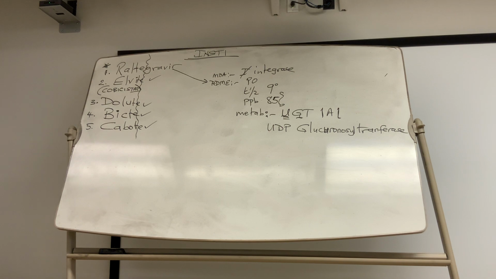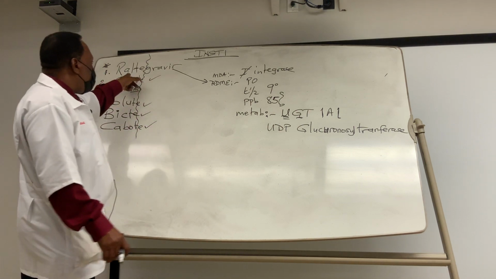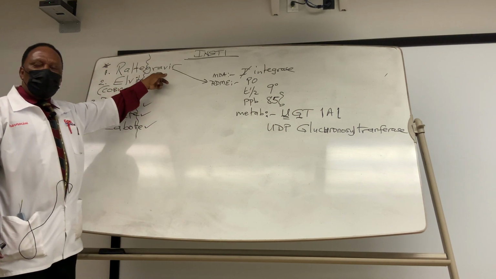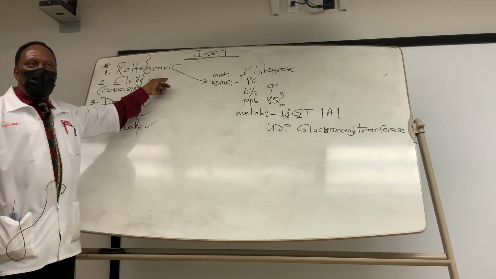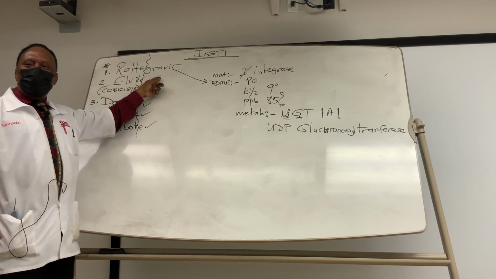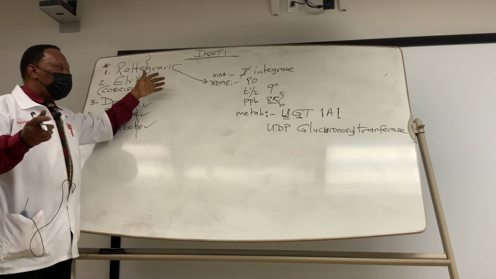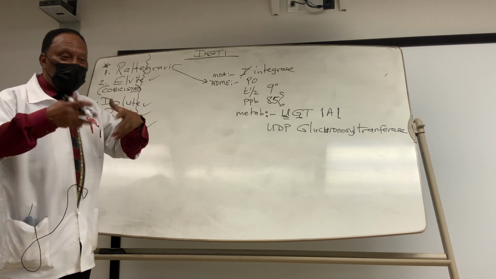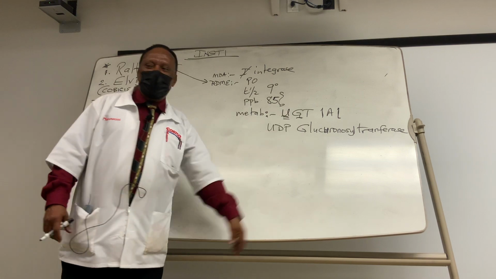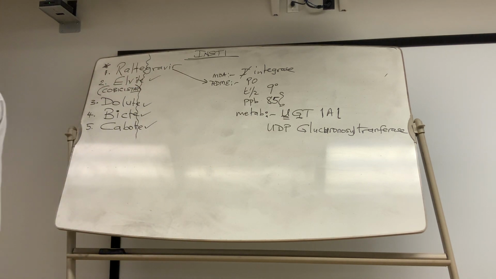Rifampin will stimulate that enzyme. So if you give rifampin concurrently with raltegravir, you will see a decrease in the plasma levels of your active raltegravir. So rifampin stimulates or induces your UGT1A1, and that can lead to a decrease in the effectiveness of raltegravir.